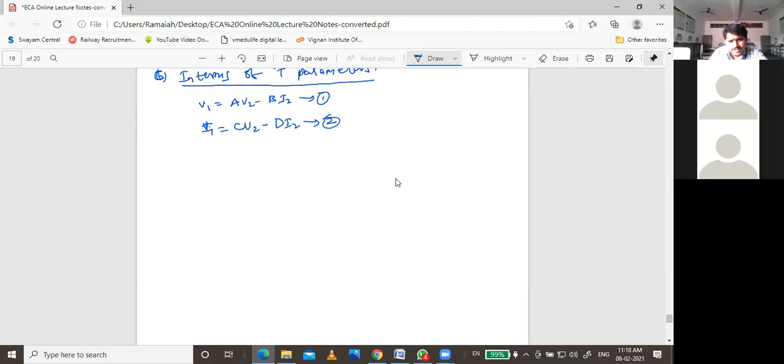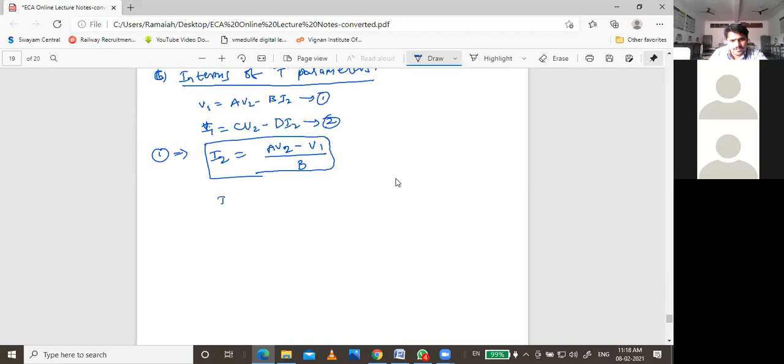So you have to express this I2 in terms of V1. From equation 1, I want to write I2 equal to what? Bring B I2 to the LH side and V1 to the RH side: B I2 equal to A V2 minus V1. So I2 equal to A V2 minus V1 by B. Now substitute this value in equation 2 to get the I1 value.